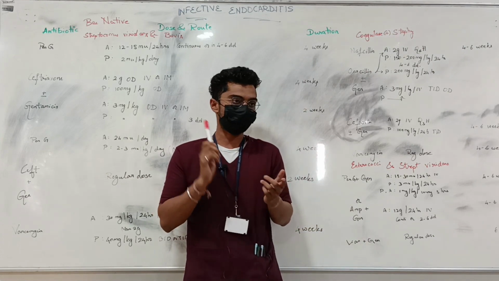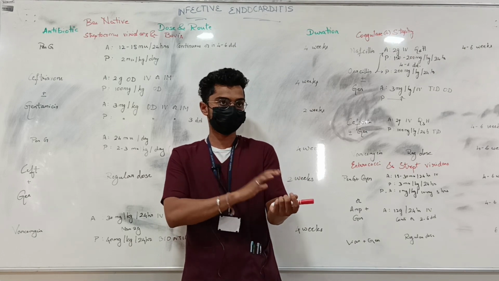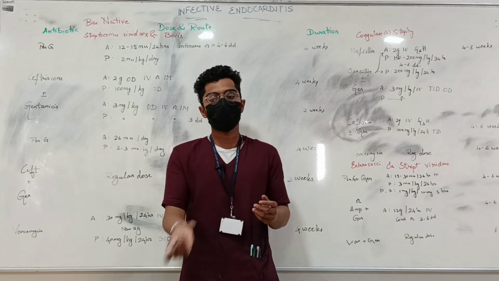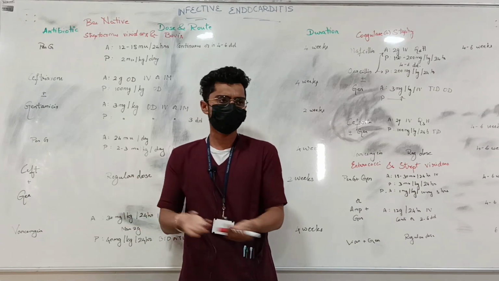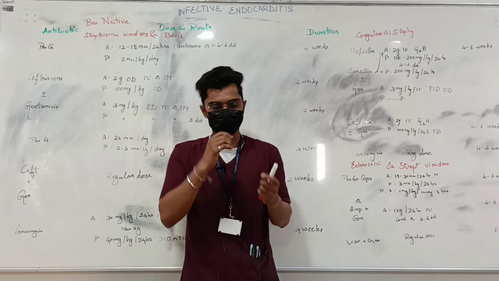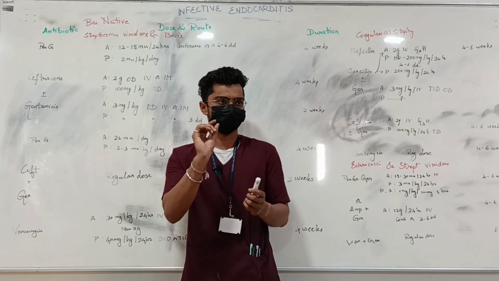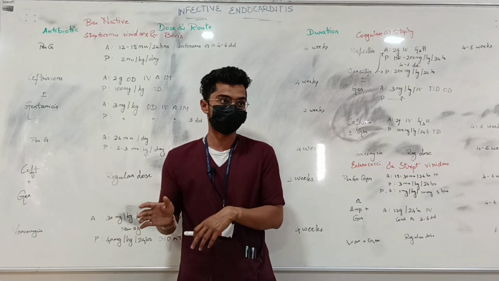Although the vegetation will be present in the heart, the organism won't be seen much in the bloodstream. If you have too many organisms in the blood, then it is actually sepsis, not endocarditis. So it will be present in the blood, but in a very minute amount. That's the reason we need 2 to 6 cultures.